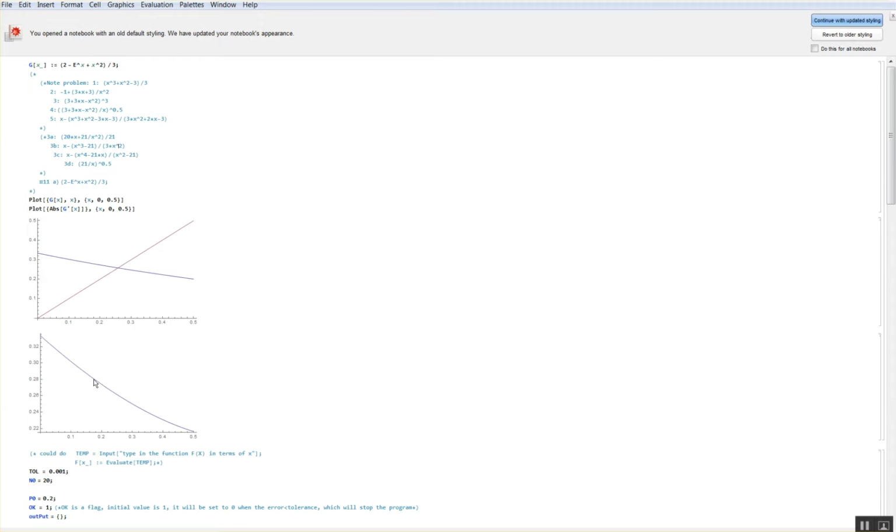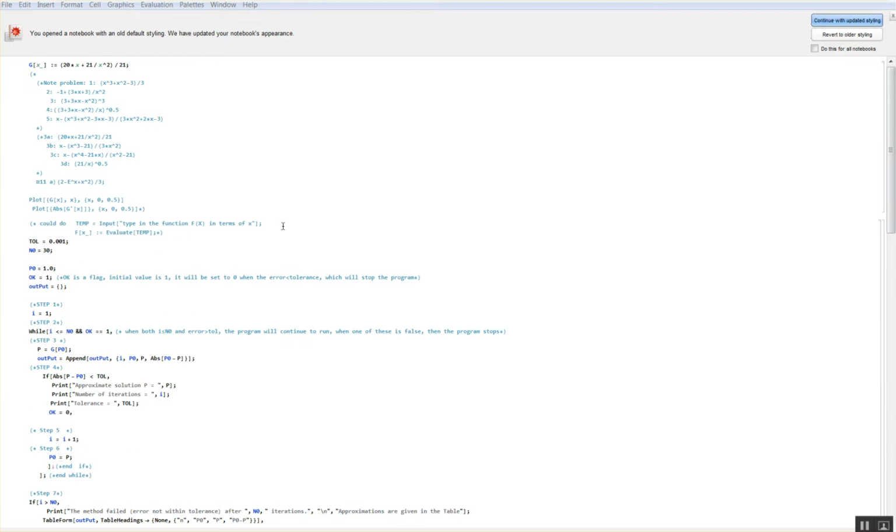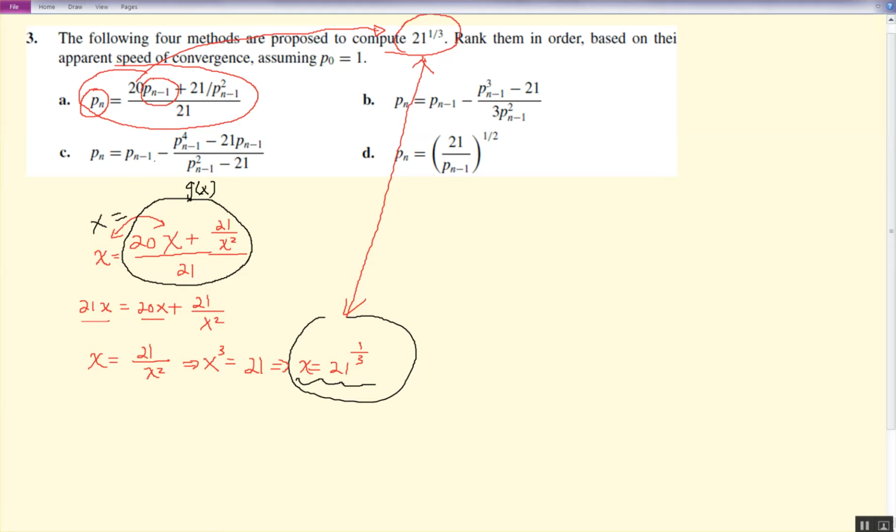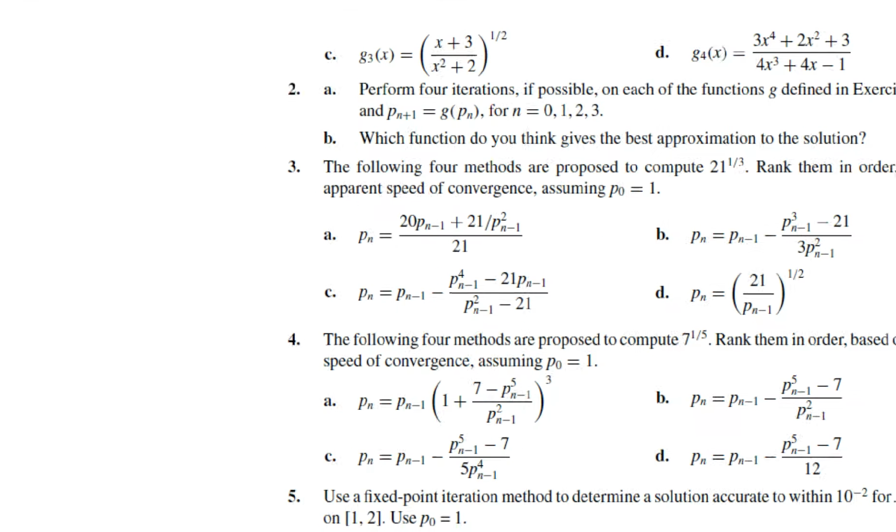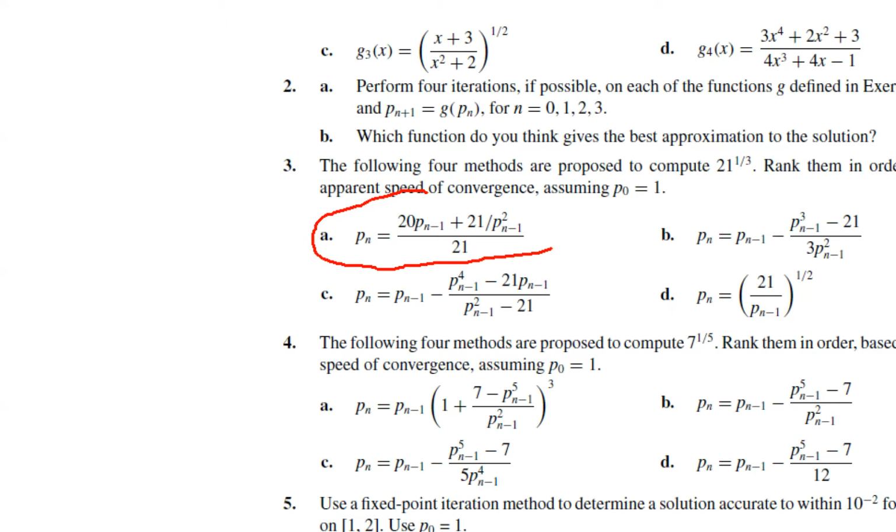So the first, okay, I type in my function. If you can recall, the first function is, let me show you this page. This is my first function, right? 20x minus 21 over x squared, divided by 21.